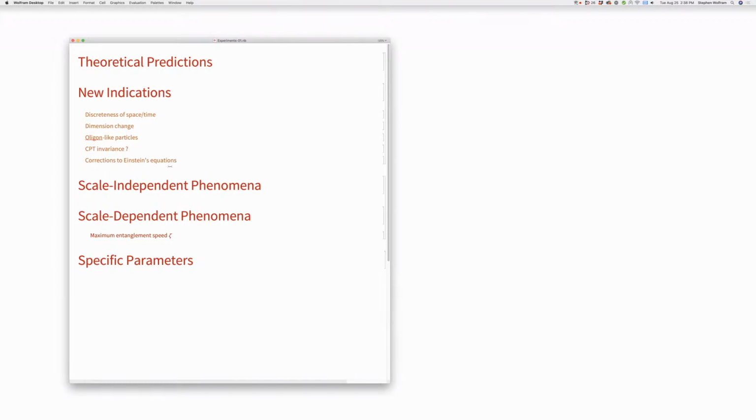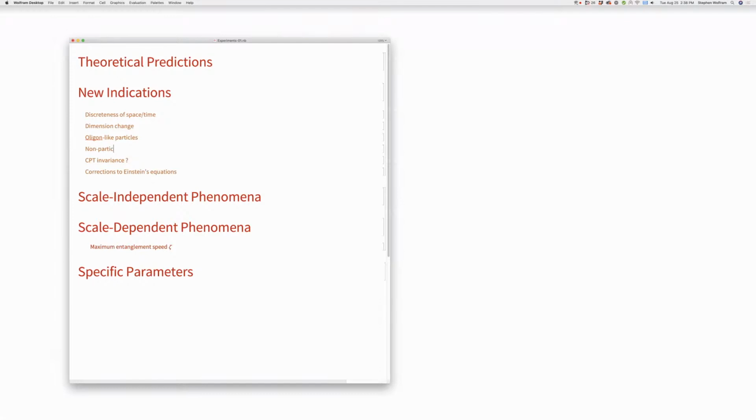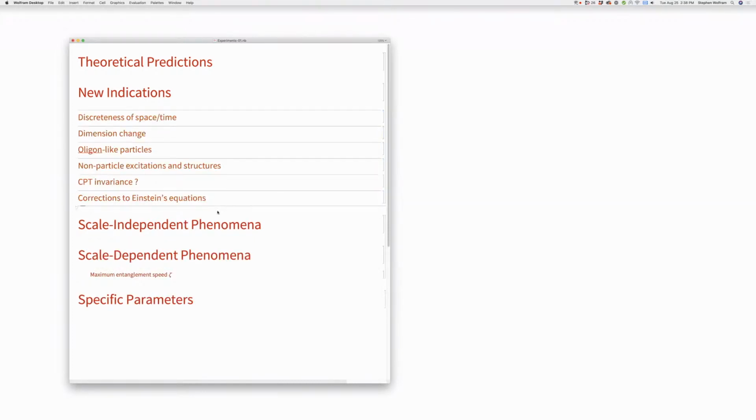There's another set of questions, non-particle excitations and structures. Anything about cosmology? Cosmological constant, something like that?